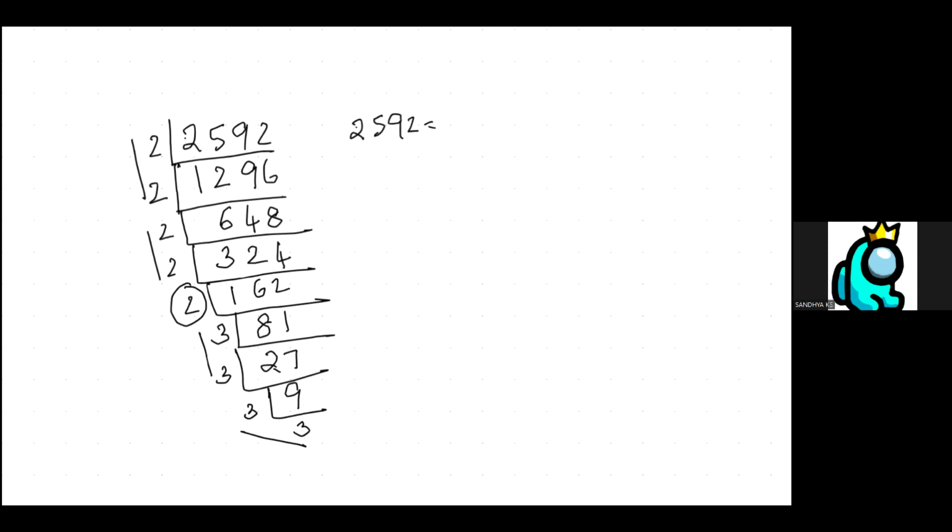So that means it is not a perfect square. So how can we write? 2592 is not a perfect square, because our question is whether it is a perfect square or not, and it is not a perfect square.